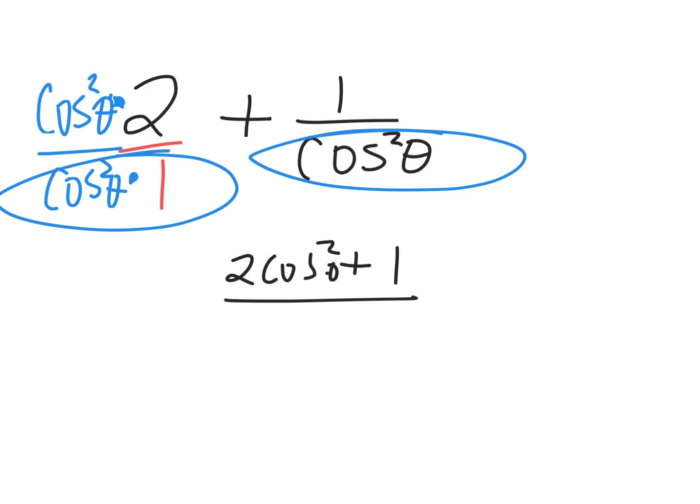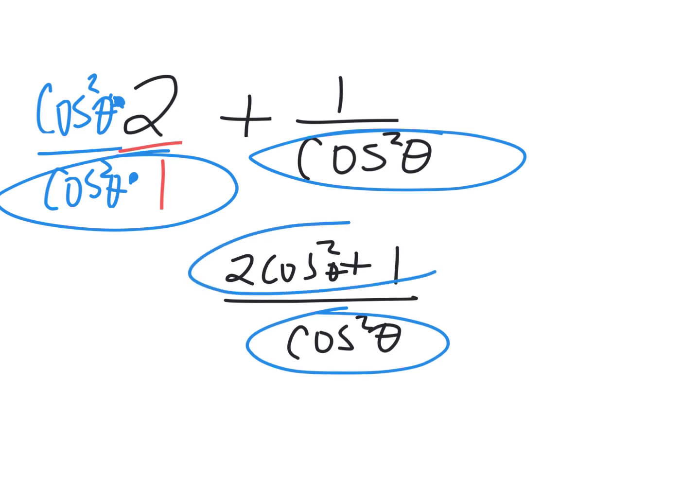Yep. And then on the bottom it's just cosine squared. Yep. What's better about this? Only that it has a common denominator and it's all been added together into one fraction. They both have cosine squared as their denominator, so now it's just all added together.